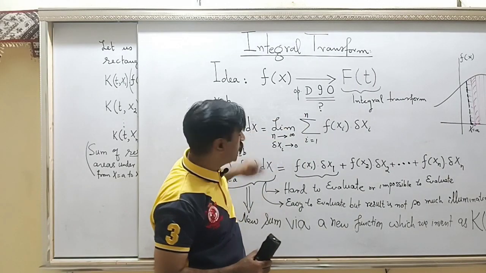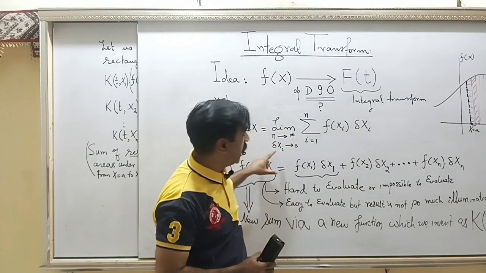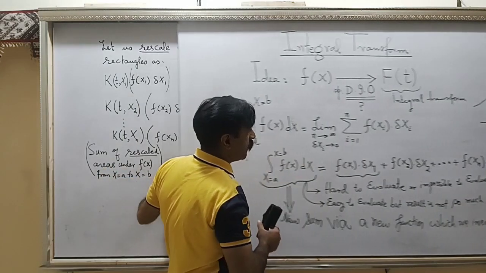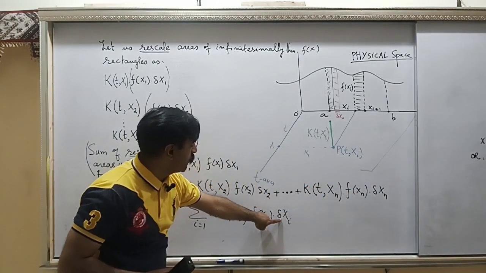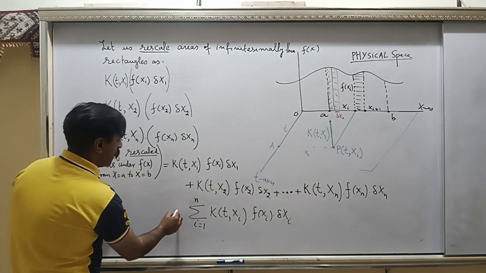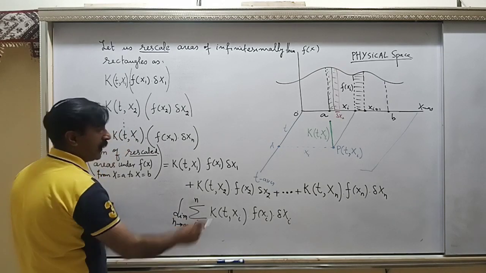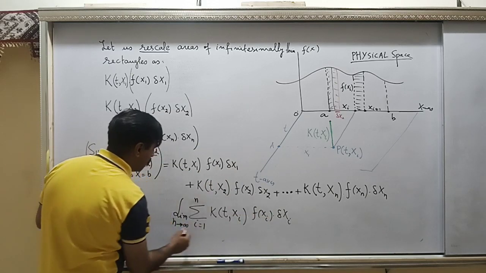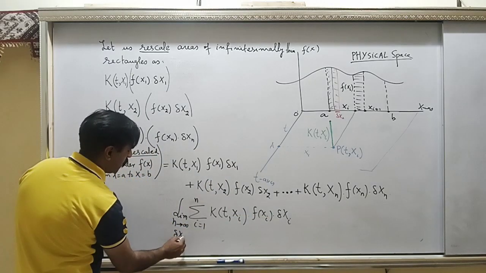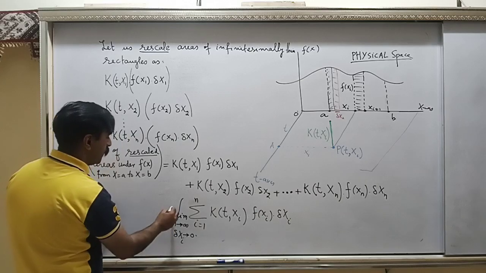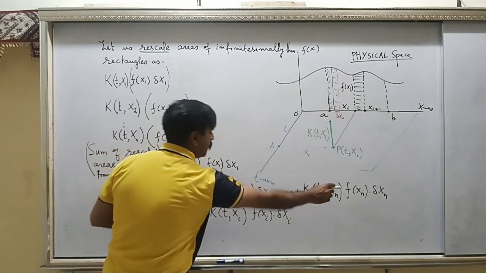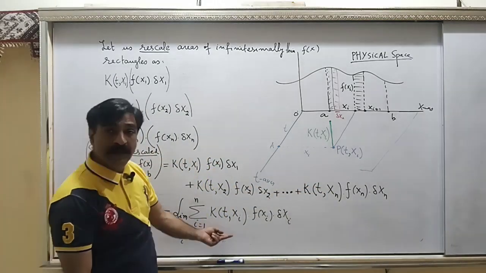This approaches infinity, and these are the same delta xi's in the new formula, so these will be approaching 0. So apply the limit as n approaches infinity, as in the previous definition, and delta xi approaches 0. So this very sum can be written in a compact form.